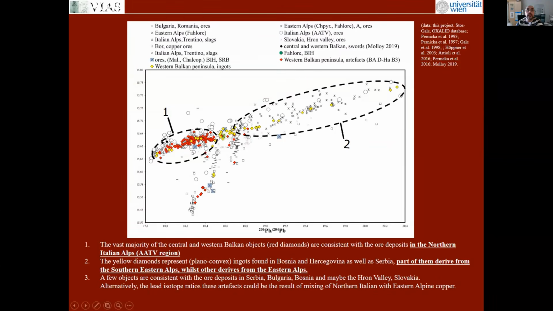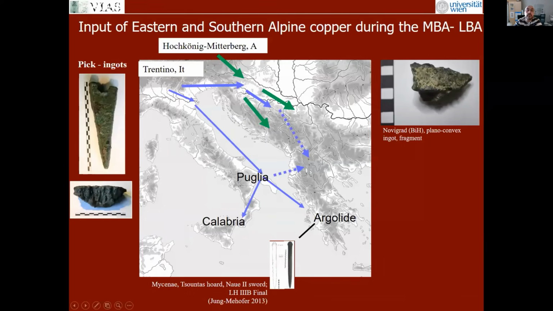These are the metal artifacts we analyzed from the Balkans, and nearly all are situated in the isotope diagrams over here, which means more or less all Late Bronze Age copper metal comes from the Trentino to the Western and Central Balkans. A few objects also come from Central Austria, from the Mitterberg, and this was most probably traded down the various river routes, which would be, for example, the Danube.